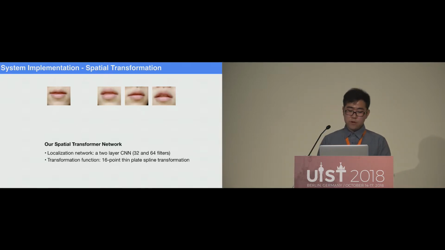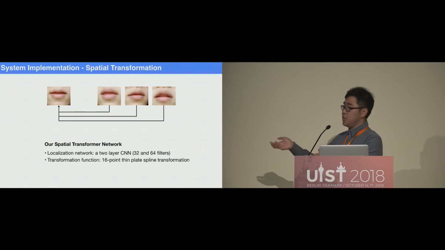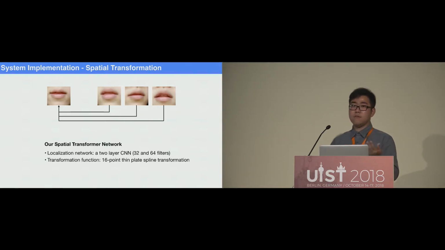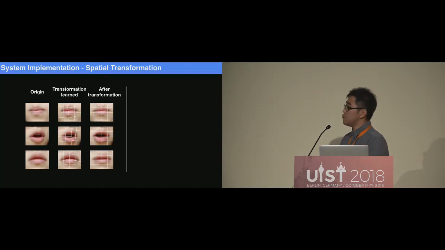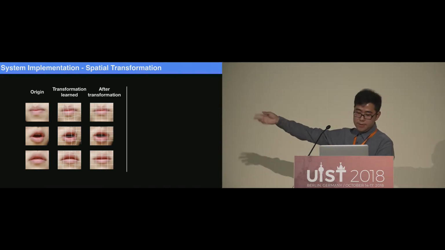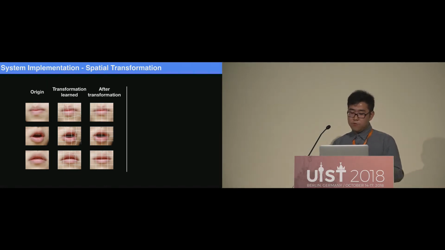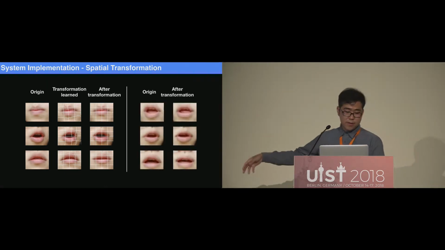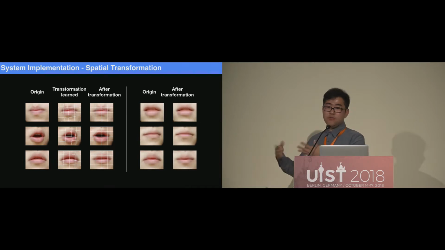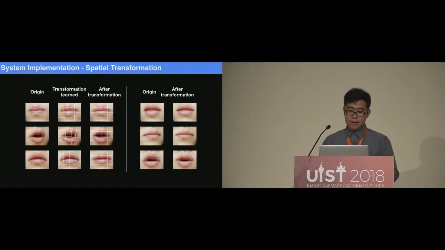We use the spatial transformer network to solve this, to transform the image sequences to the left style one. Here is the result. We can see the transformation network learned the regular grid, and the transformation results on the right side. So the image now seems to have a very regular direction.